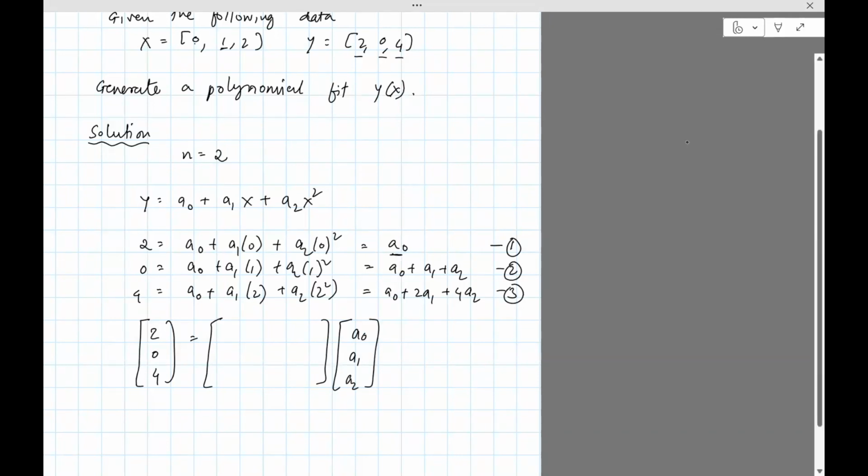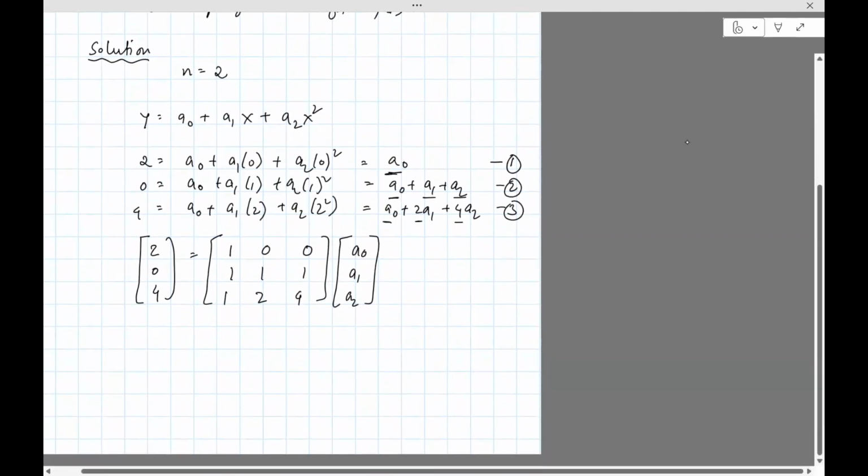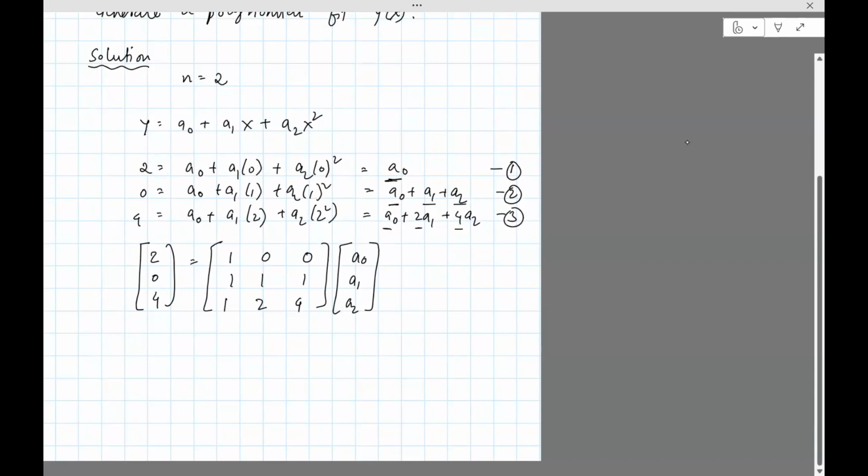Now I need to find the first row here. a0 is the only non-zero term, so we'll have 1, 0, 0. For the next one, we have 1, 1, 1. Next one, we have 1, 2, and 4.